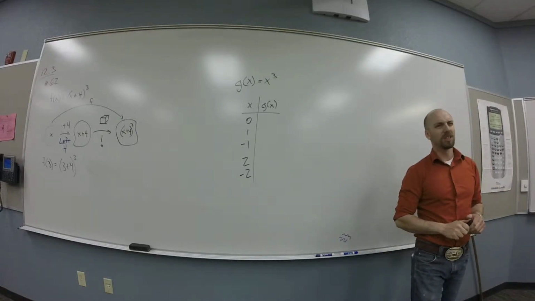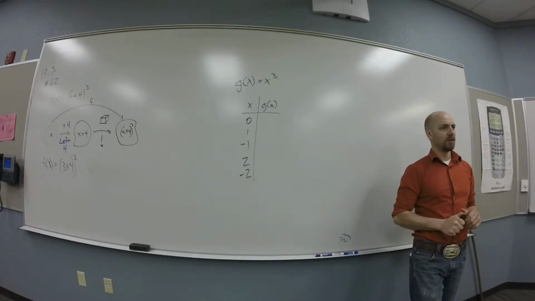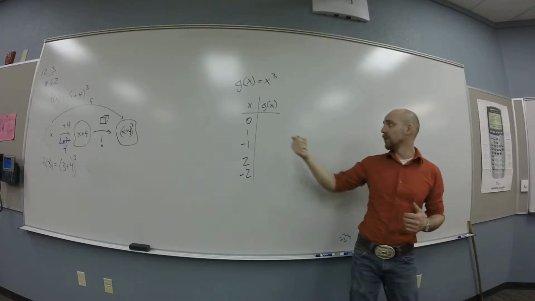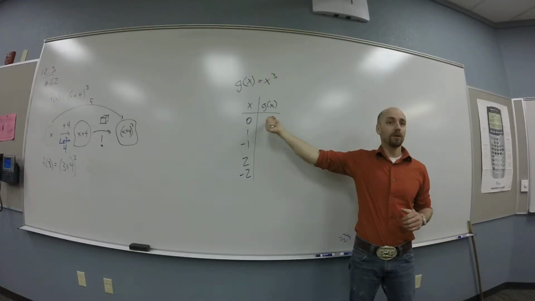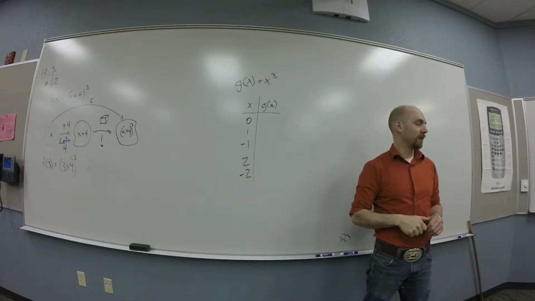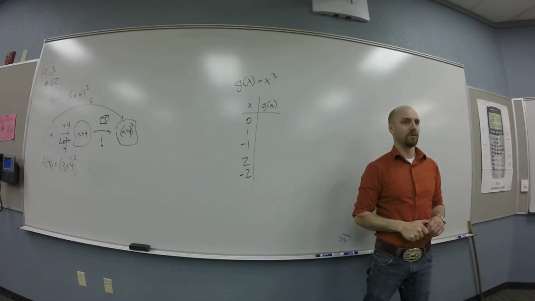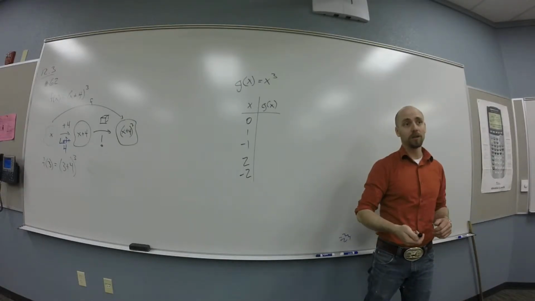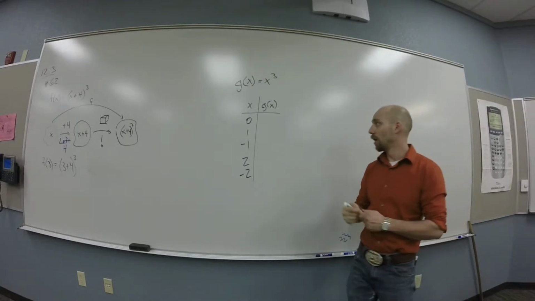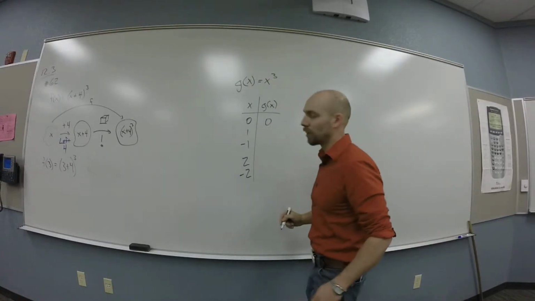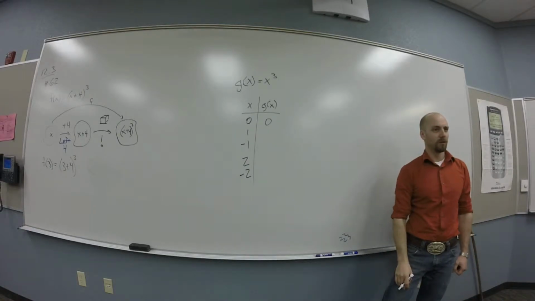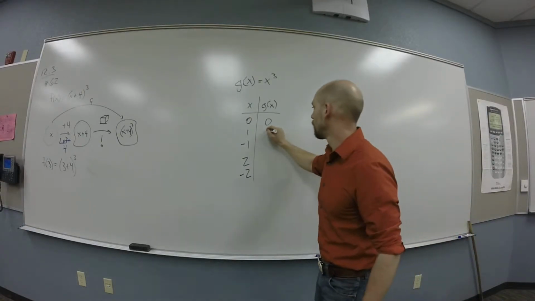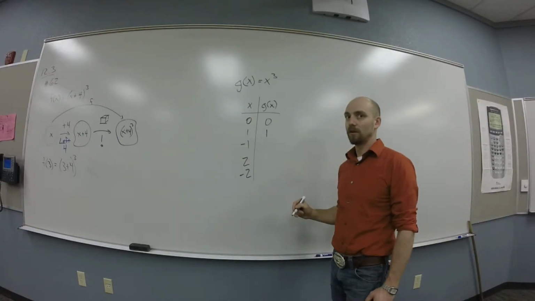What am I doing with these? Cubing. Yeah, I should be plugging them in for x, which means that I'm looking for 0 cubed. What's 0 cubed mean? 0 times 0 times 0, right? So I get 0 out. Okay, what do you get for 1 cubed? 1.